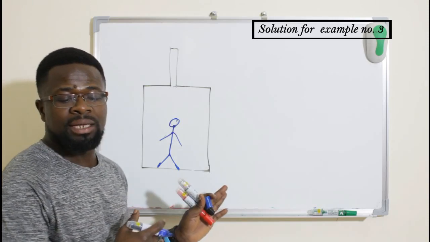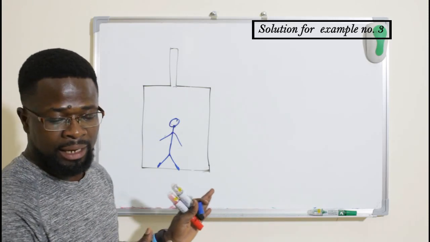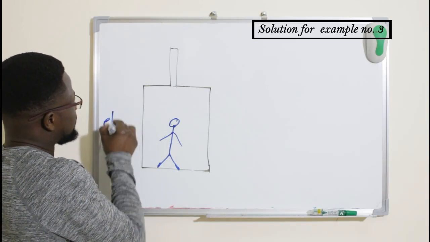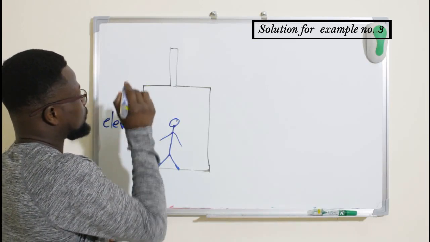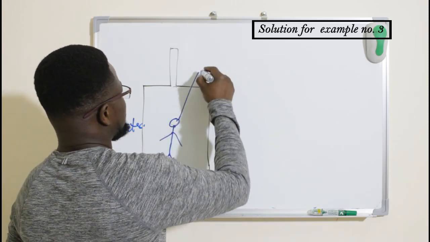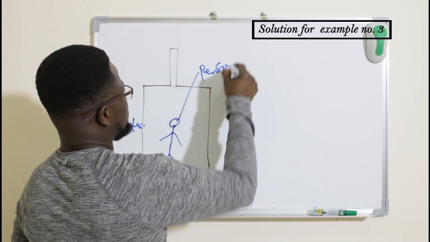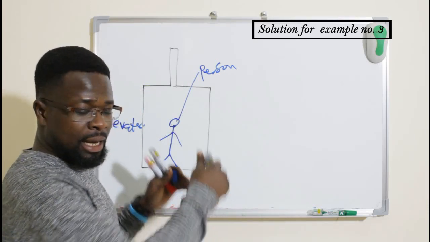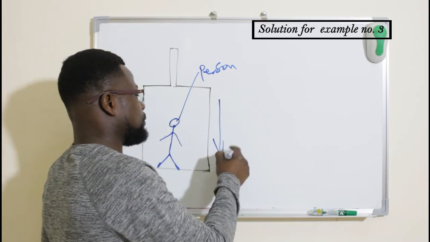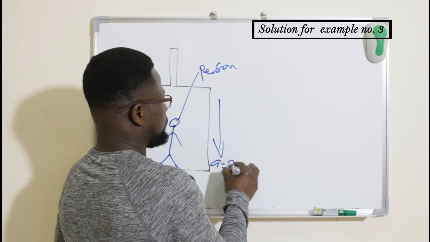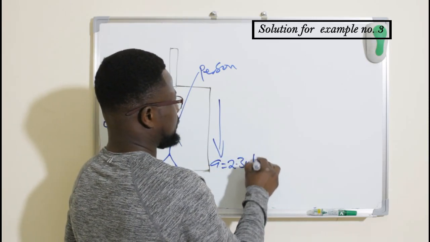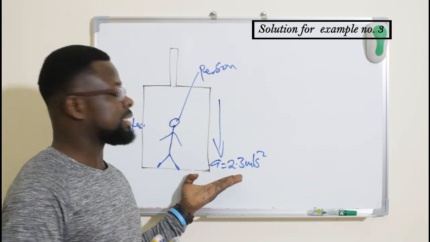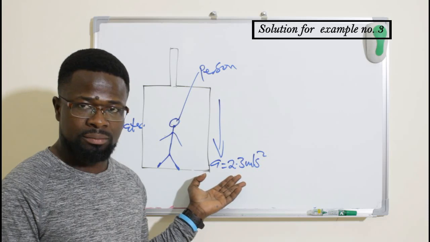Here is our elevator, and this is the person, and we can see from this point that the elevator is moving downwards with an acceleration of 2.3 meters per second squared. This is the acceleration of the elevator.